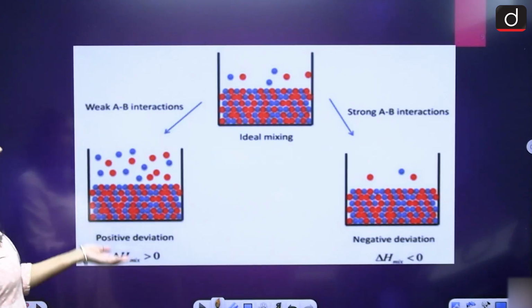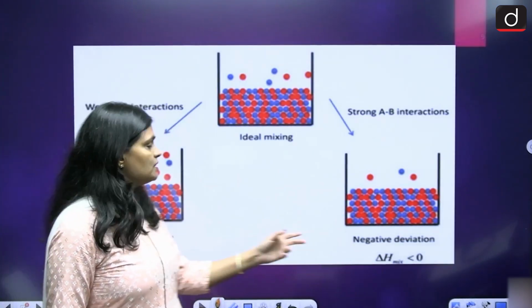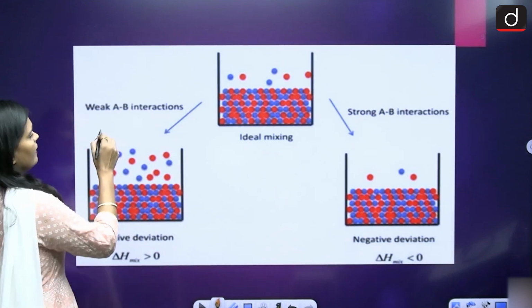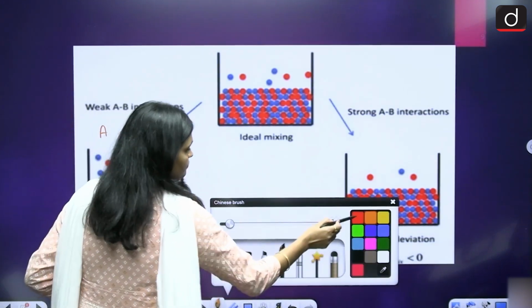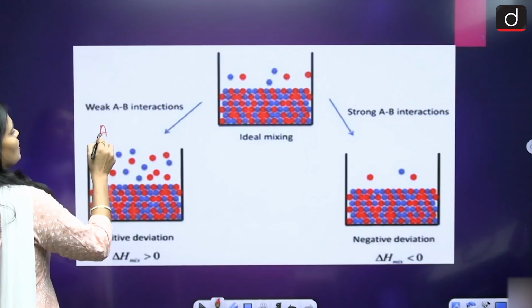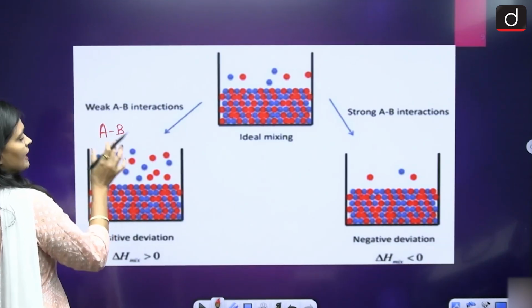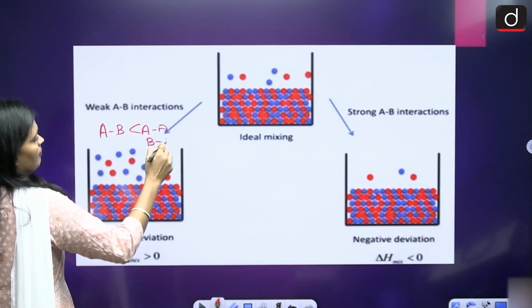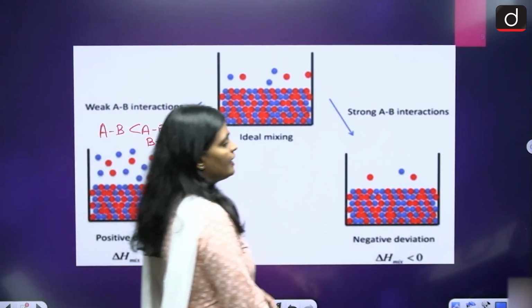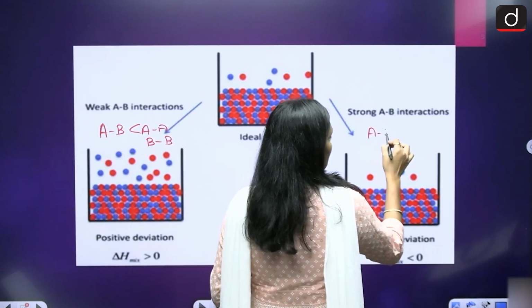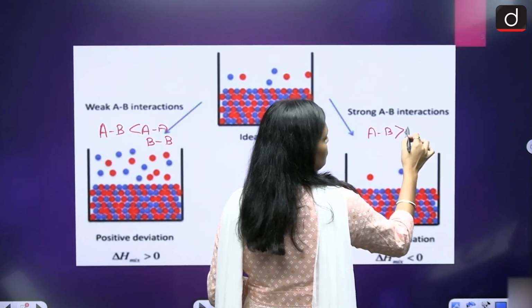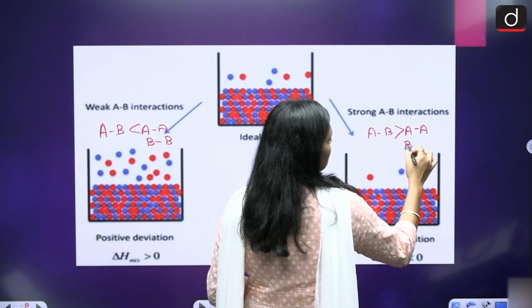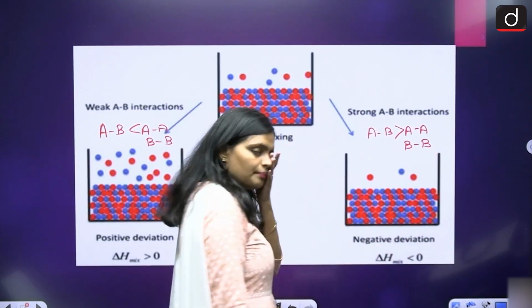So see, in the positive deviation, AB interaction is less than AA, BB. And in negative deviation, AB interaction is more than AA, BB.